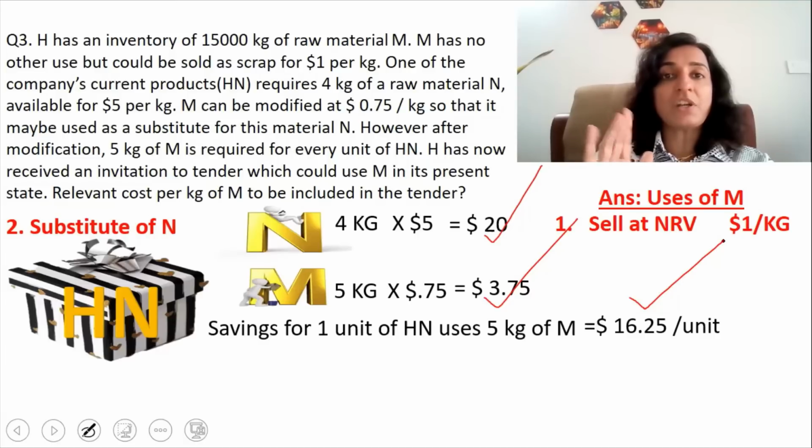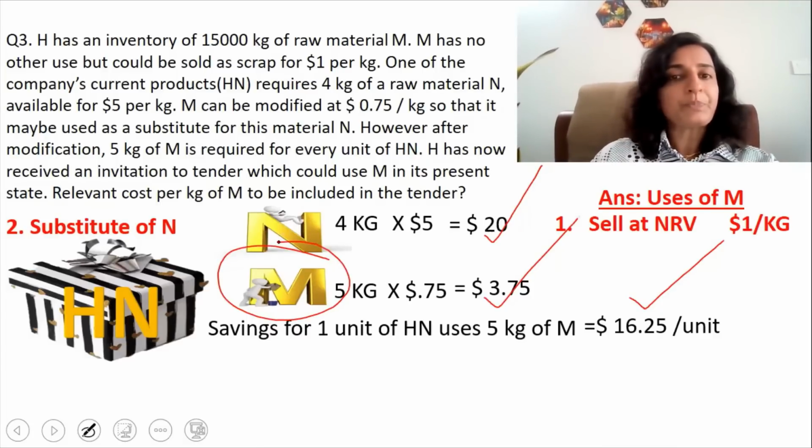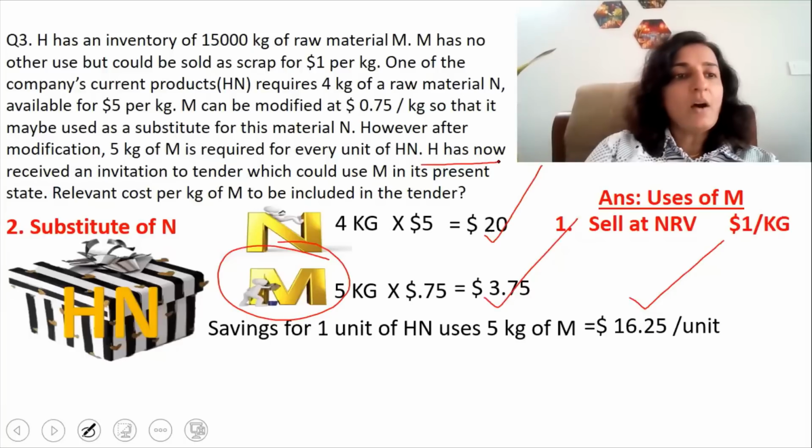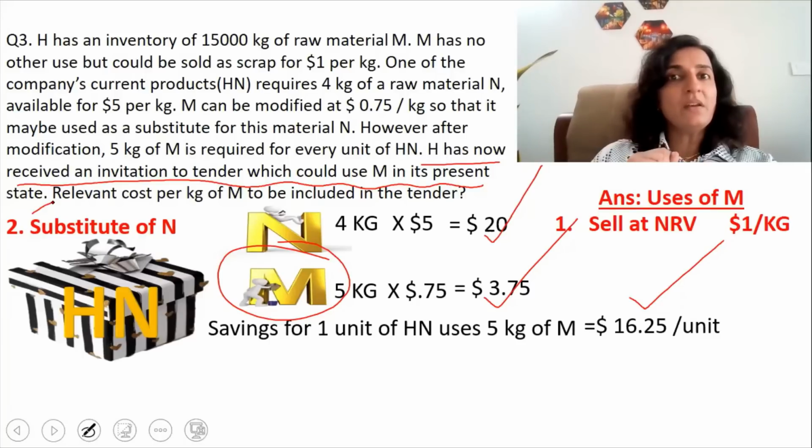So now we have the savings of 1 unit of HN, but we don't want the savings of 1 unit of HN. We want the savings of 1 kg of material M, which we are going to use. Now, H has received an invitation to tender which could use M in its present state. What does this mean? We have a new contract where we could use M. So what is it that we are losing?